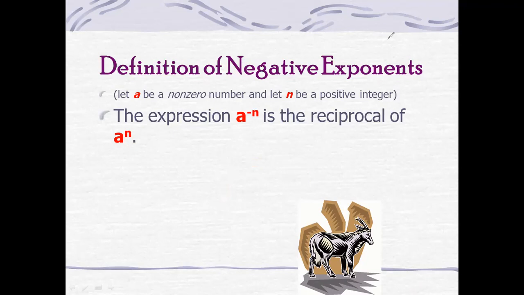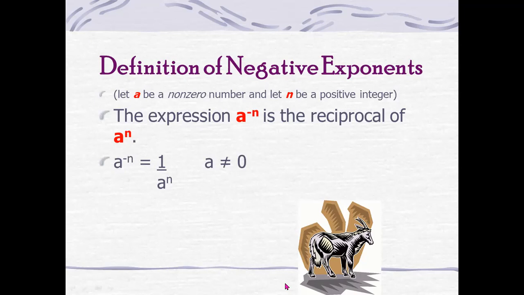So a raised to a power of negative n will have a reciprocal of 1 over a to the power of n, where a should not be equal to 0.